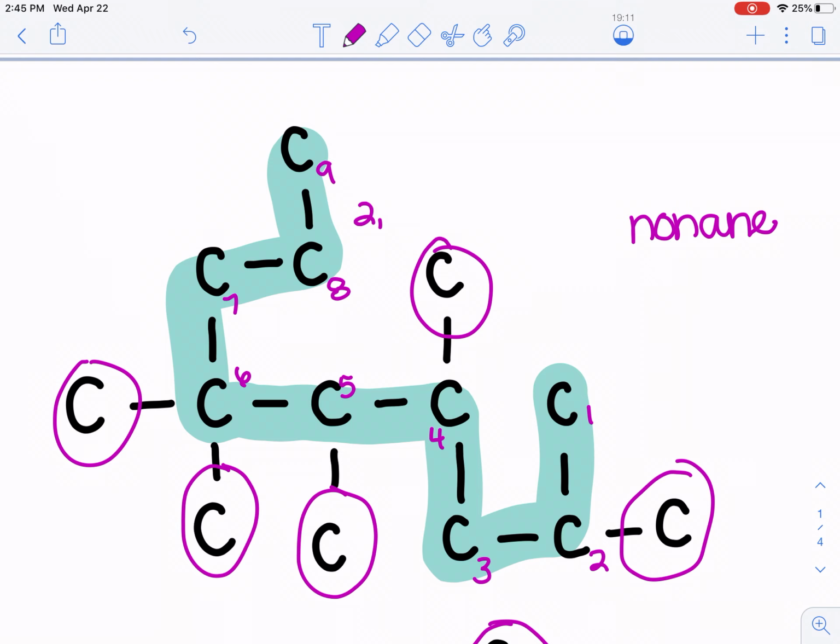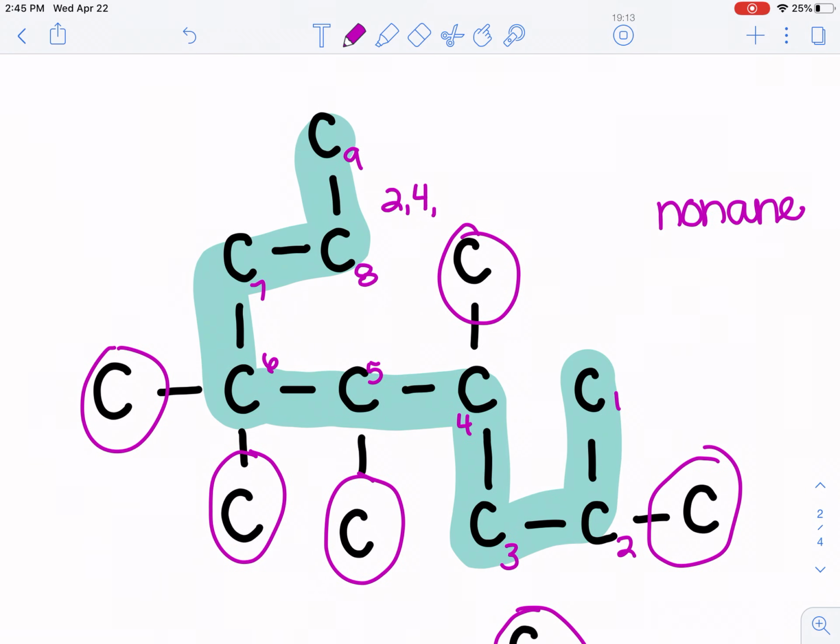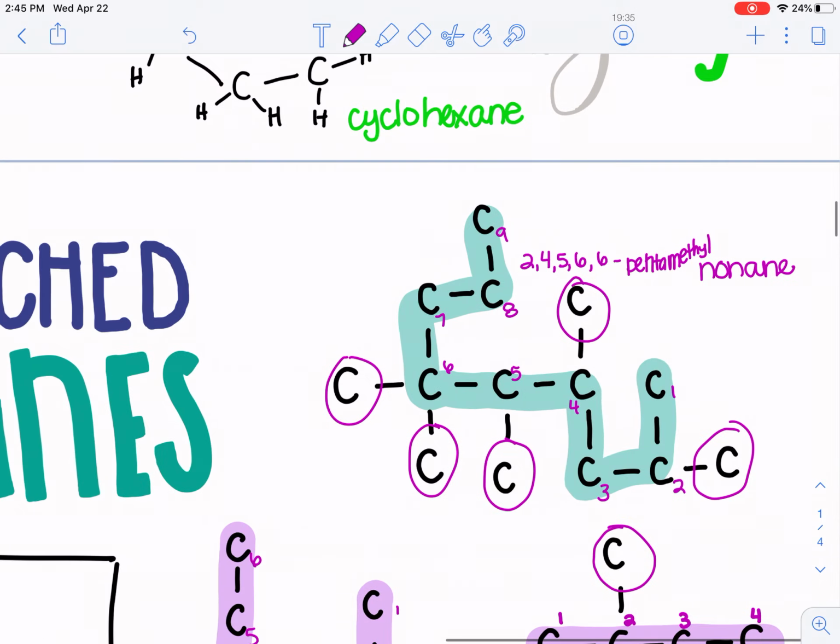So 2, 4, 5, 6, and there's 2 on the 6th carbon, and we do write the 6 twice. 1, 2, 3, 4, 5 methyls. So pentamethylnonane would be the name of this crazy thing.